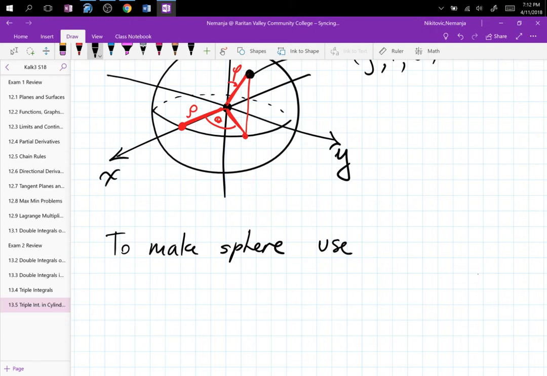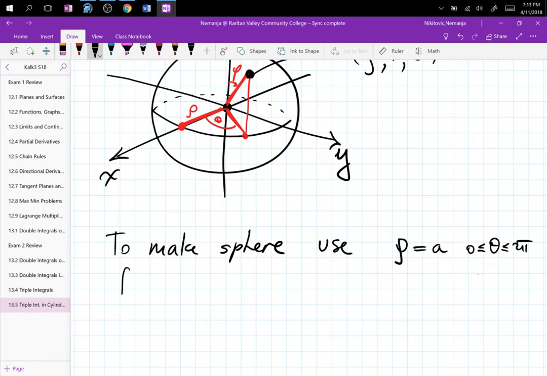Alright. So, to make a sphere use rho, right? And then we go, so rho equals, I don't know, some value. And then theta is going to be between 0 and 2 pi.